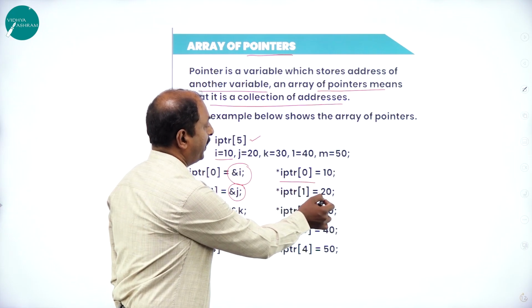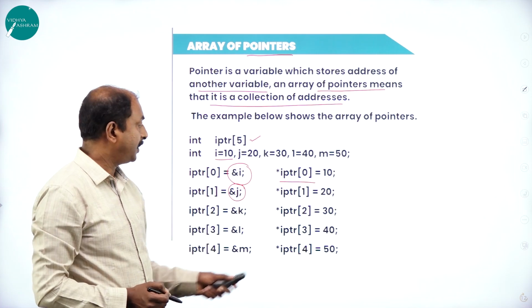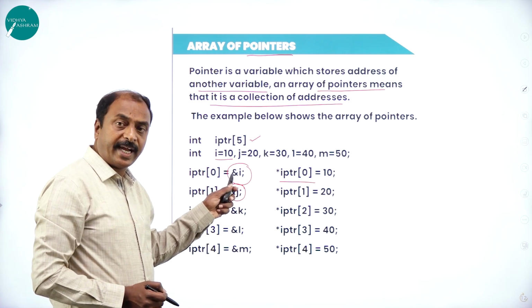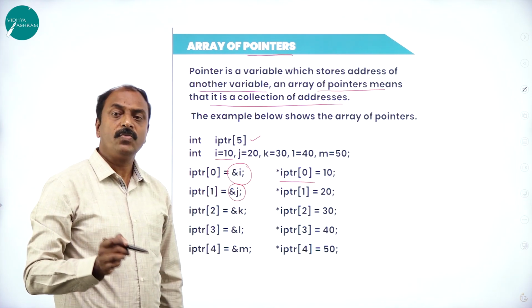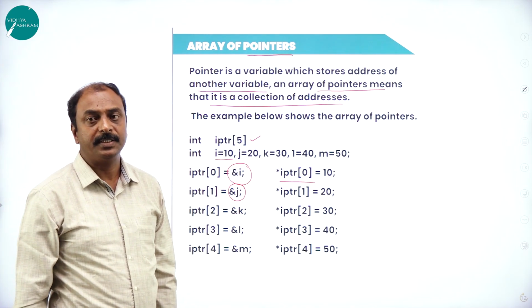Similarly 10, 20, 30, 40, 50. So star is the reverse operator, and ampersand stands for address of operator. This is the concept of array of pointers.